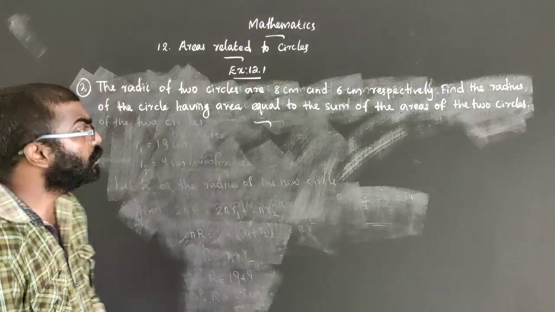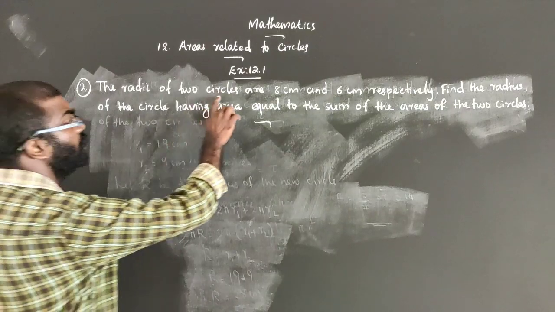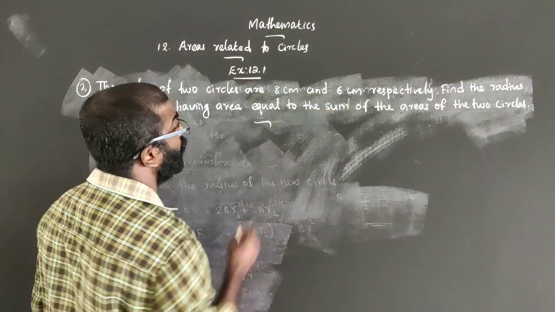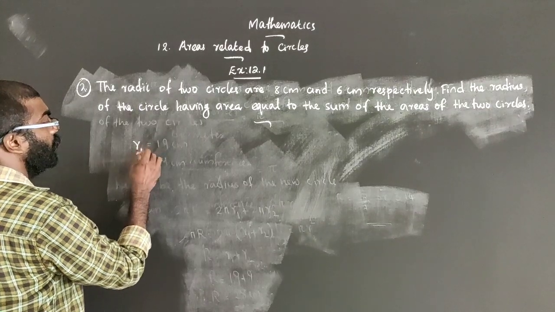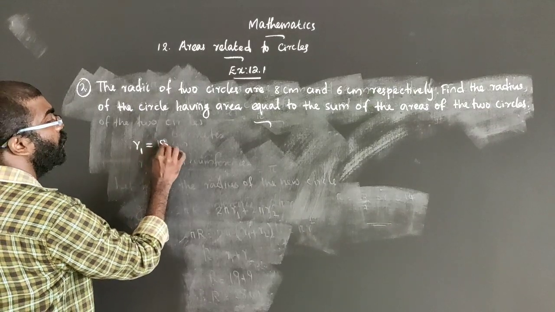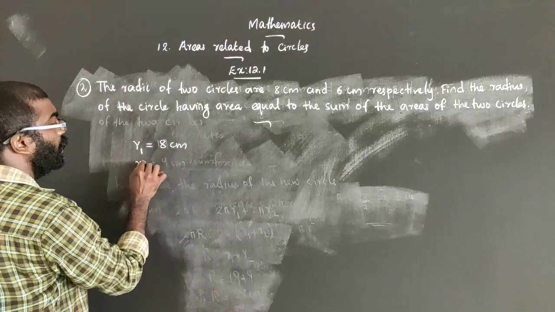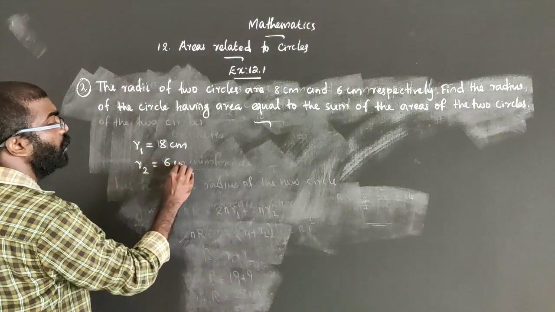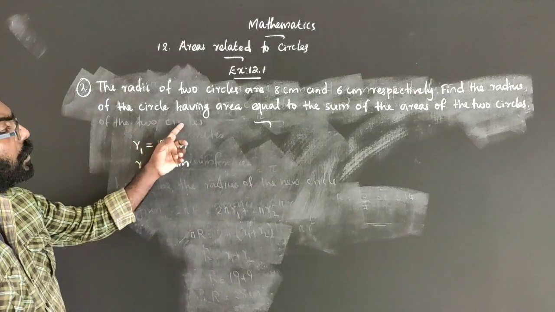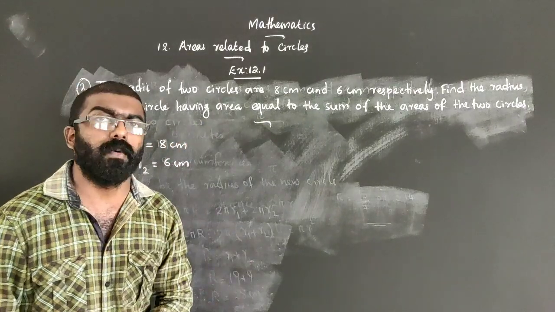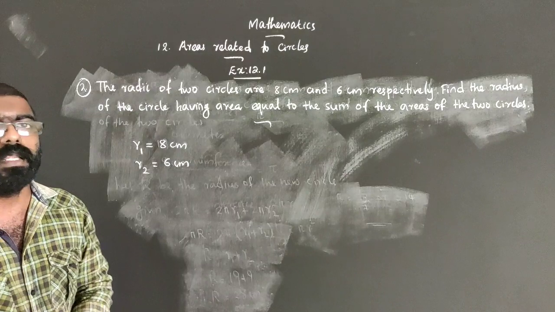Here the next question is, the radii of two circles are 8 cm and 6 cm respectively. So as in the previous question, here we can write R1 is equal to 8 cm and R2 is equal to 6 cm. Find the radius of the circle having area equal to the sum of the areas of the two circles.